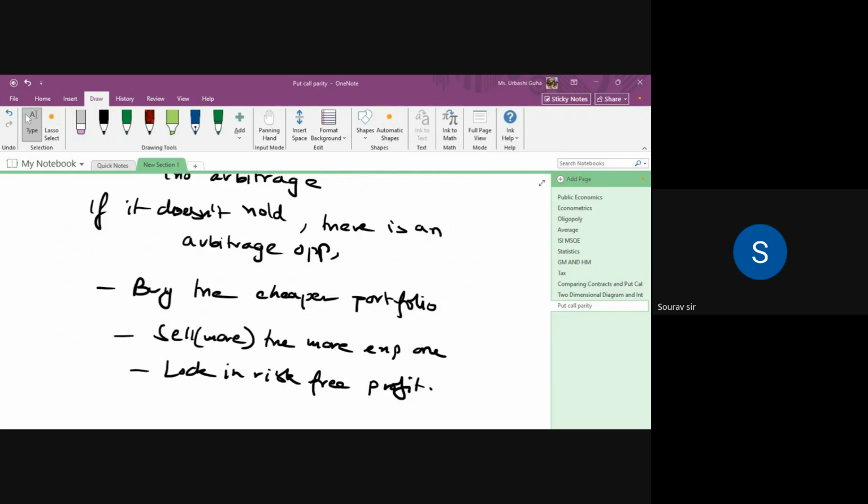Now, the net cost of buying an asset in the future must be the same, no matter which strategy you use: direct purchase, forward contract, or synthetic forward. And if put call parity is violated, suppose that happens, then what will you do?